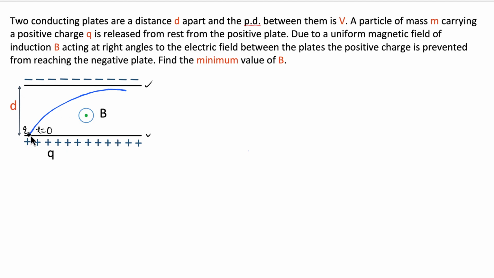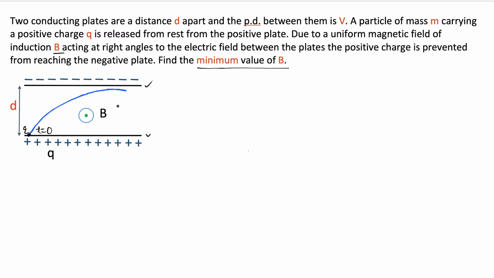So initially it has zero velocity. Due to the uniform magnetic field of induction B acting at right angles to the electric field between the plates, the positive charge is prevented from reaching the negative plate. So we need to find the minimum value of B such that this is possible. Okay, I hope the question is clear.